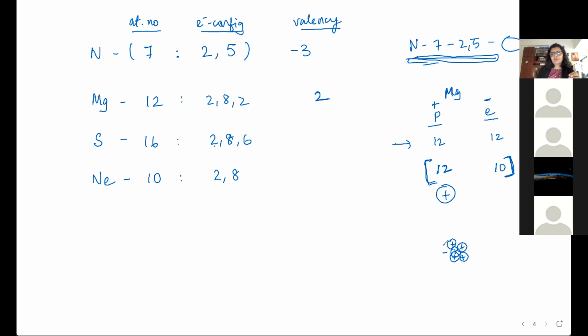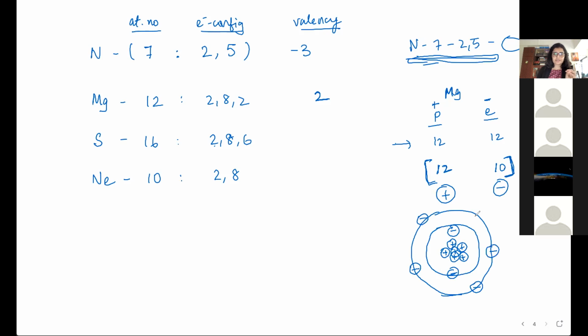Now, what kind of charge do electrons have? Negative charge. So that way, magnesium has 10 of these negative charges, like 2 in the K shell and 8 in the L shell. Of the negative charges in the M shell, 2 have gone.